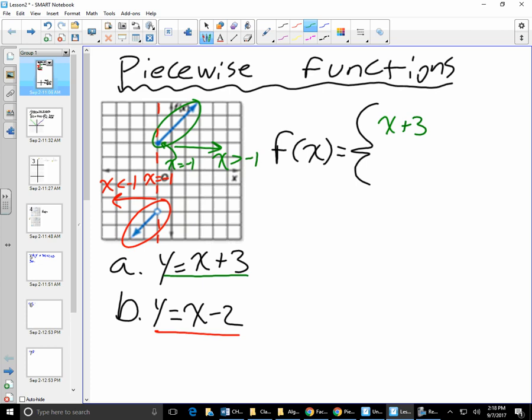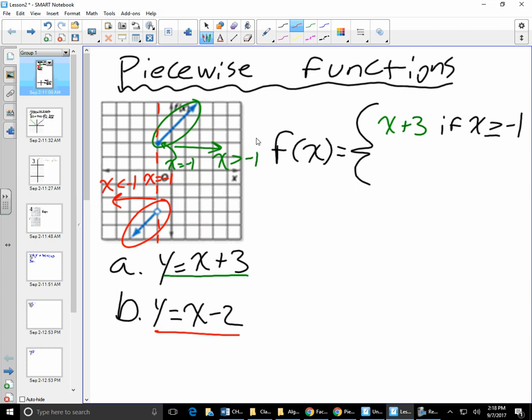And that is only if we have this condition satisfied first. If x is greater than or equal to -1, x plus 3 works, and that is our f of x.